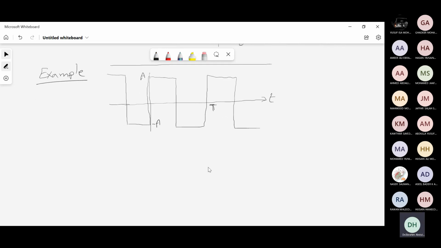So find or express this one in form number 1.